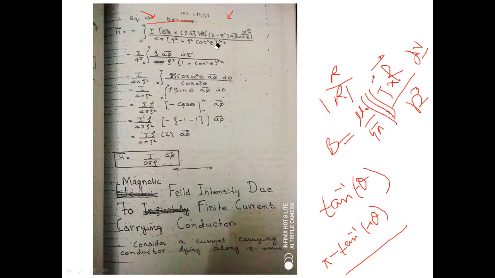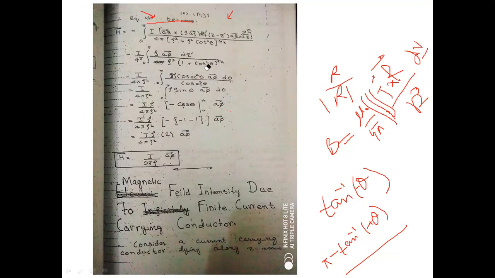In the denominator, we will get rho square plus rho square cotangent square theta. Taking common, we will get rho cube, 1 plus cotangent square theta, which is equal to cosecant square theta, after applying the power 3 by 2. Square will be cancelled with square, so we are left with cube only.